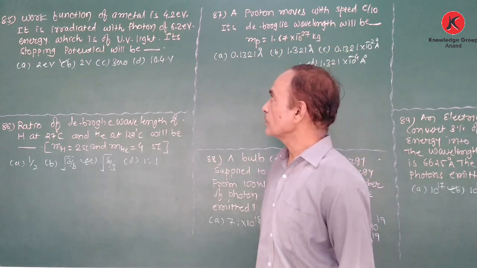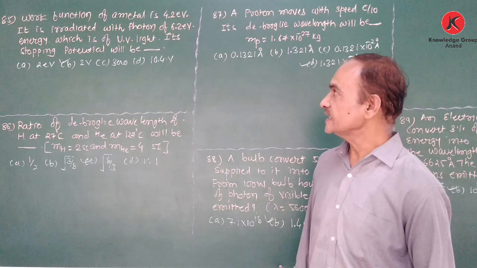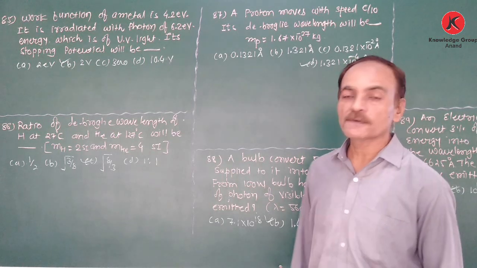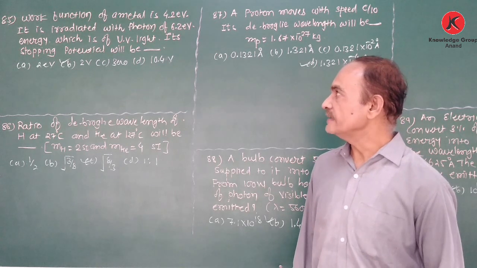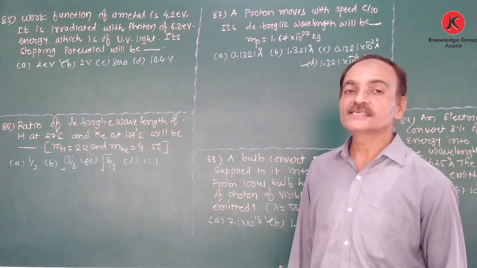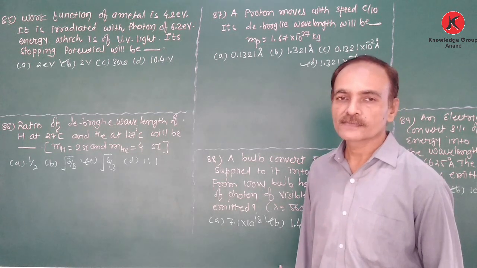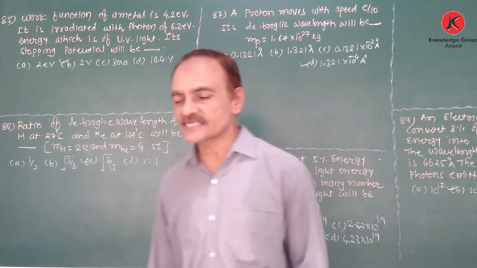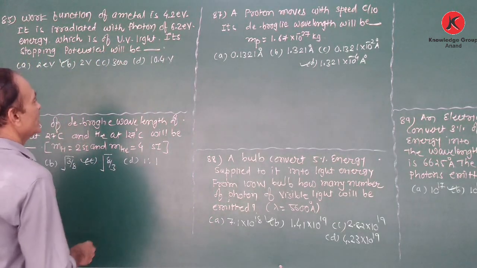So, the work function of a metal is given as 4.2 electron volt. It is irradiated with a photon of 6.2 electron volt energy, which is ultraviolet light. Its stopping potential will be? Now here one metal surface is given, having work function 4.2 electron volt.